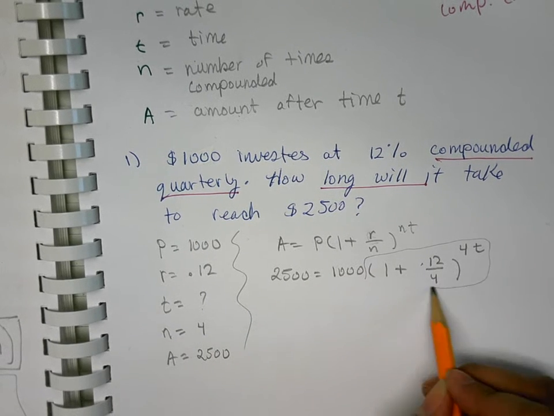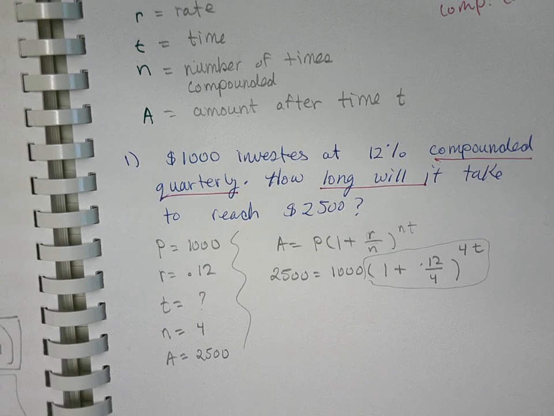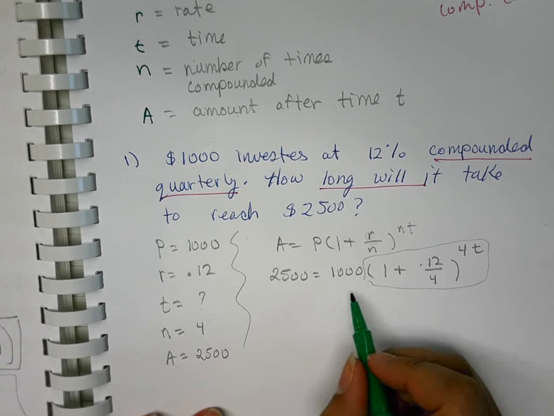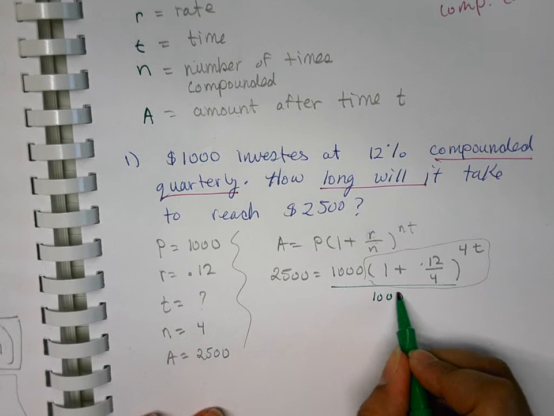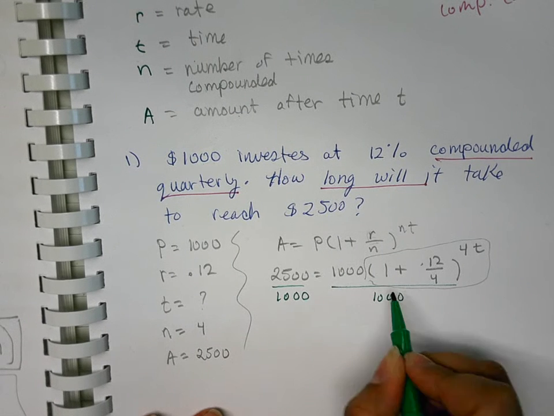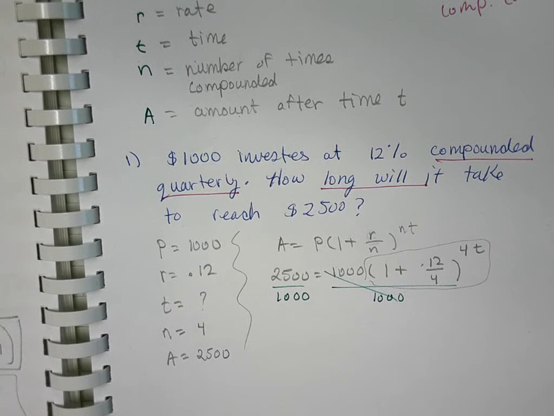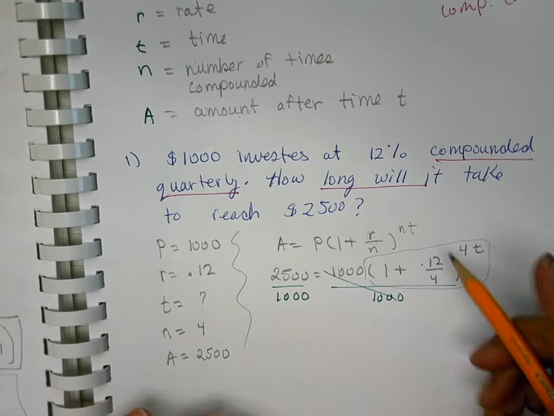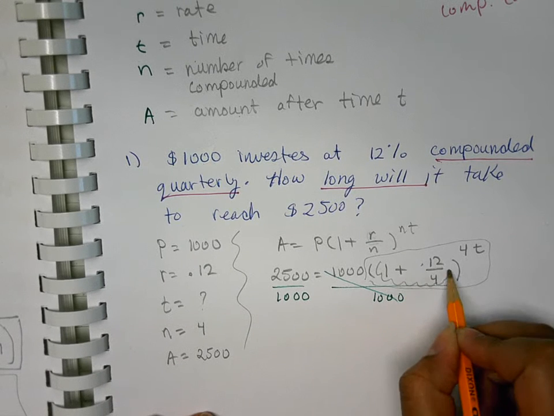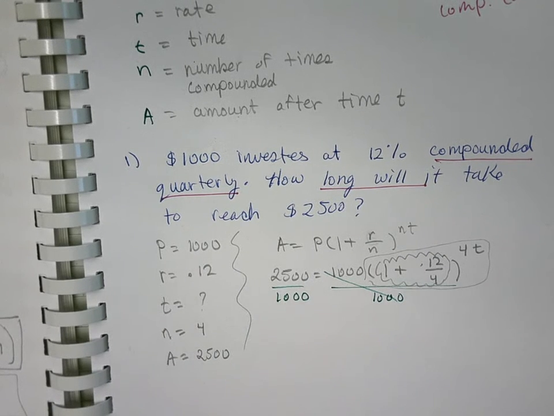What do I divide by? 1,000. I'm going to do 2 things: divide by 1,000, and I'd like you to plug this in your calculator: 0.12 divided by 4 equals, and then plus 1.